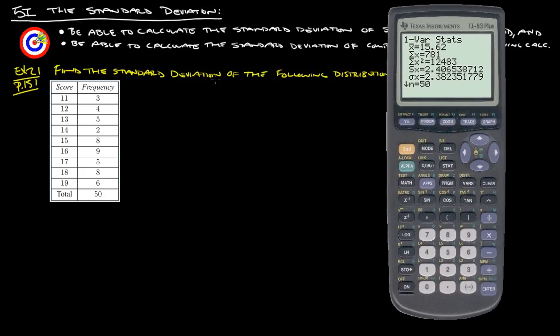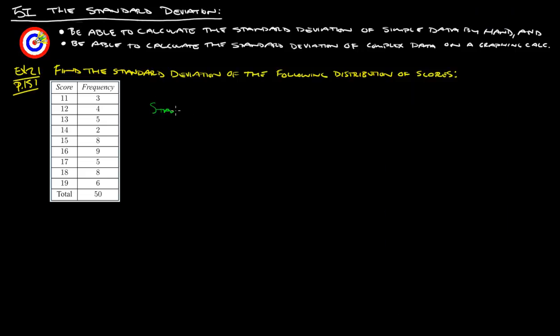Okay? So, again, we're going to assume that these are all the possible scores, so we're going to take this one down here. I call that the super O. I know that it's got an actual name, but I like super O better because it's like an O with a little cape on it, so it's super O. So our standard deviation then would be 2.382.